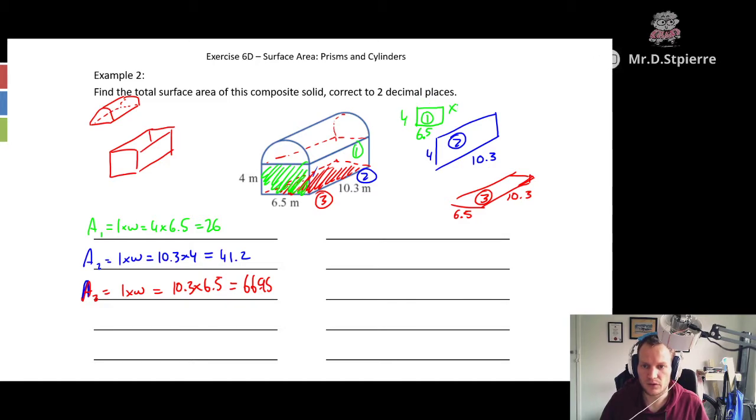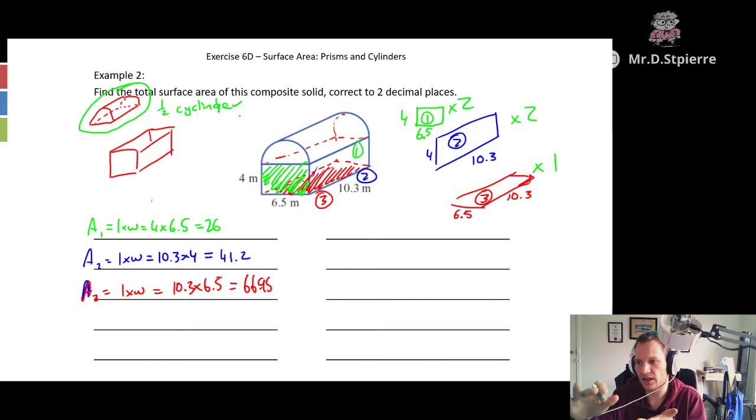So we have 2 of them, we have 2 of them, but we only have 1 of the base. And then we have the whole top. Now the whole top, and I'll bring your attention over here, doesn't have any bit underneath it, it's open underneath, but that there is just half of a cylinder. It's perfectly half, it's just cut in half.